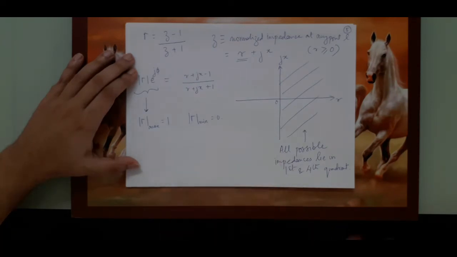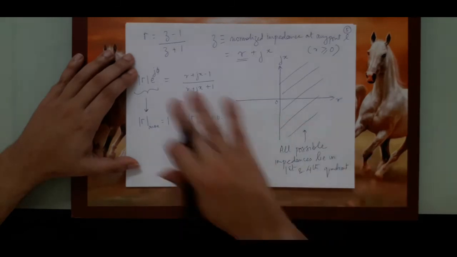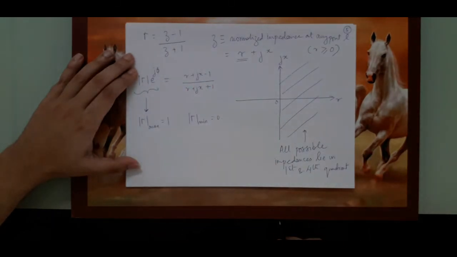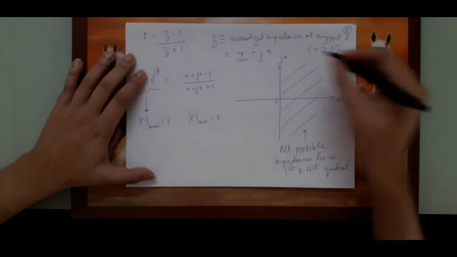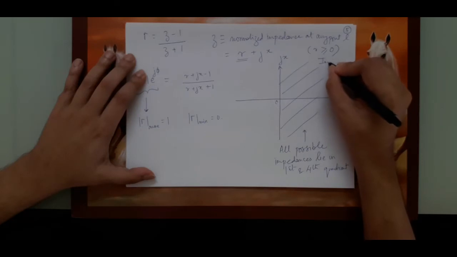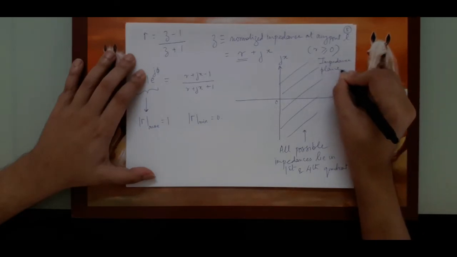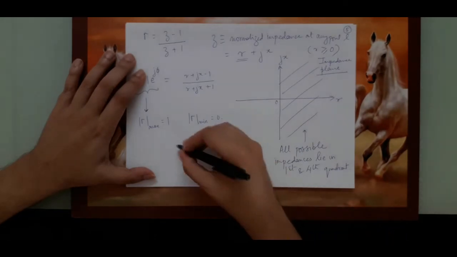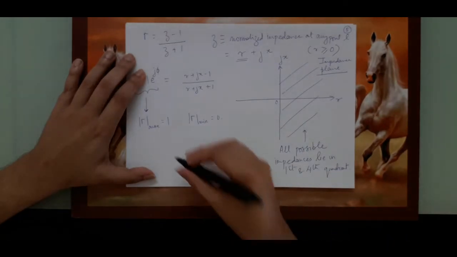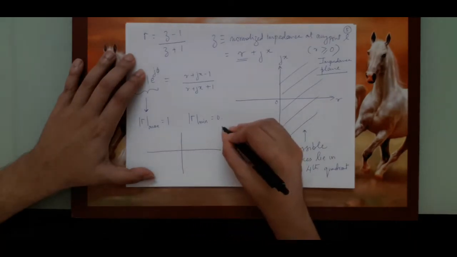So, this is what we know. Gamma is a complex number. Before I go over here, let me just label this as the impedance plane. Since gamma is also a complex number, let me denote something called a gamma plane.